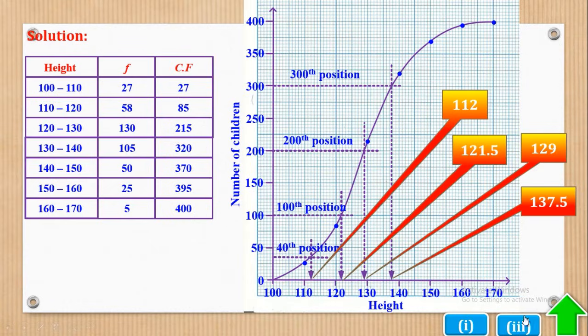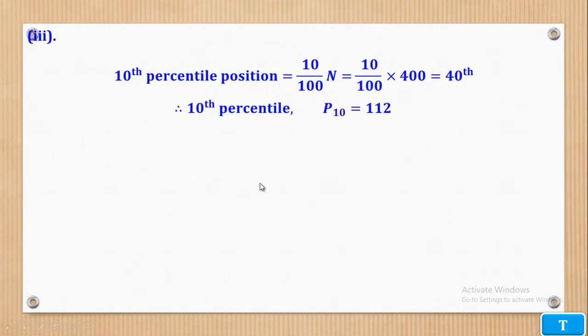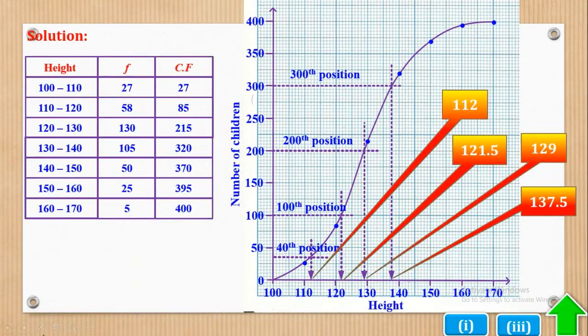So we shall come here and write that our 10th percentile is 112. What about the 90th percentile position? It is 360, so we shall come here and locate 360 on our vertical axis. Take a horizontal line to meet the curve, drop a perpendicular to meet the horizontal axis, and read off this value.